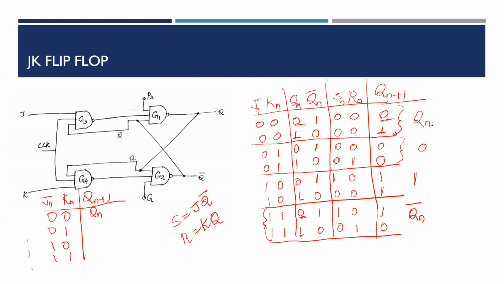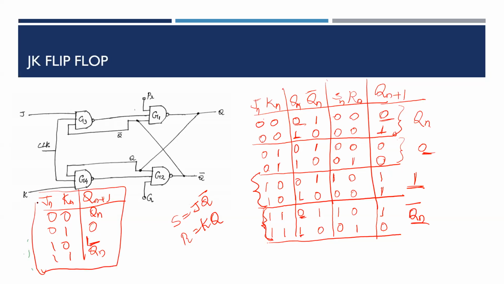When J equal to 0, K equal to 1, output എന്തായിരിക്കും? 0. When J equal to 1, K equal to 0, output എന്താ കിട്ടിയേ? 1. When both J equal to 1 and K equal to 1, എന്താ കിട്ടിയേ? Qn bar. So this is the truth table for JK flip-flop.